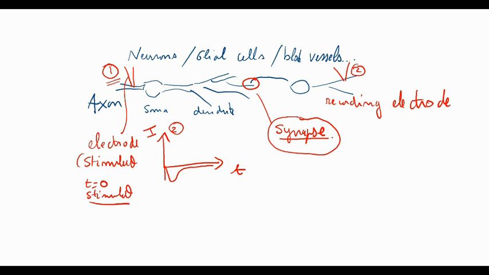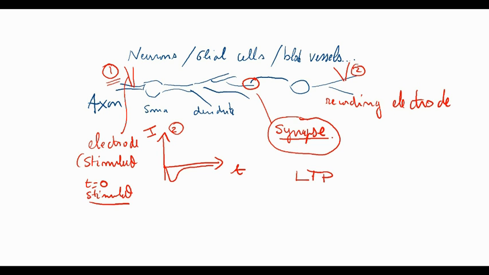And interestingly, there is a protocol called long-term potentiation, LTP, by which you can modify the result of the induction, the result of the first electrode.